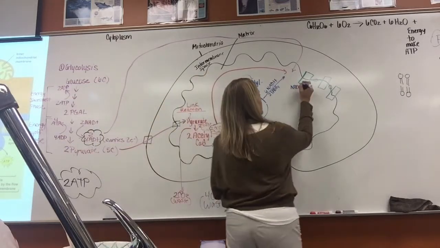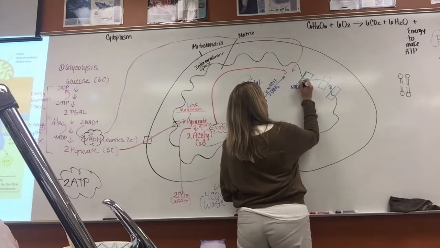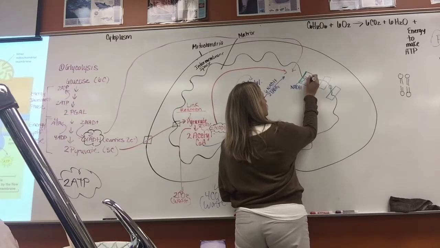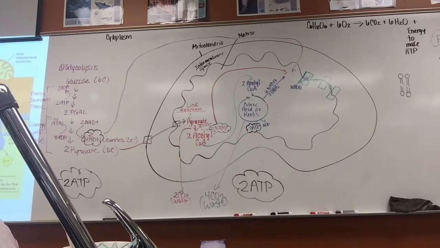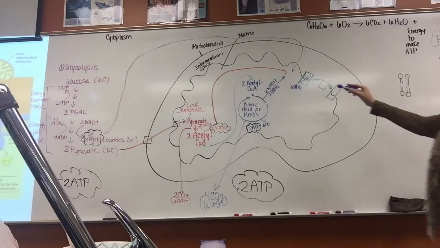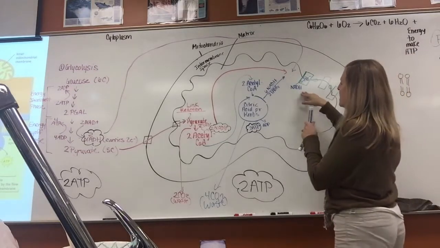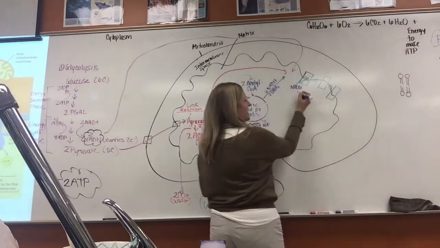So what happens is the NADH drops off its 2 electrons. So we're going to put 2 e negative, meaning 2 electrons there. When the NADH drops off the 2 electrons, it's not going to be NADH anymore.